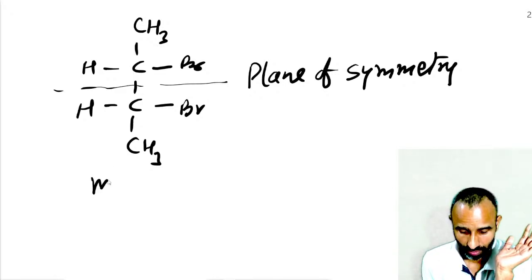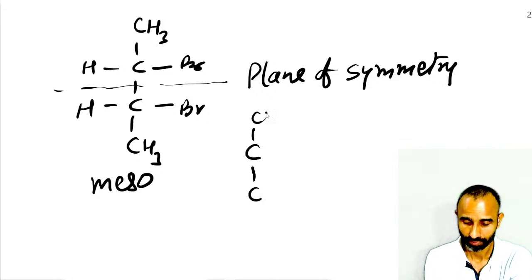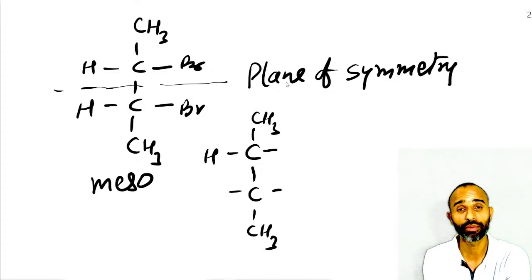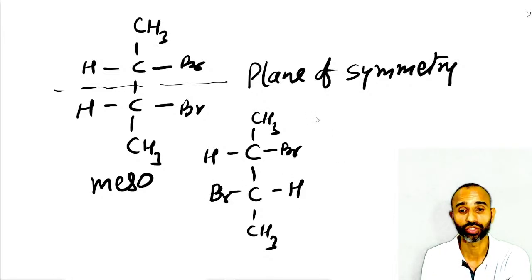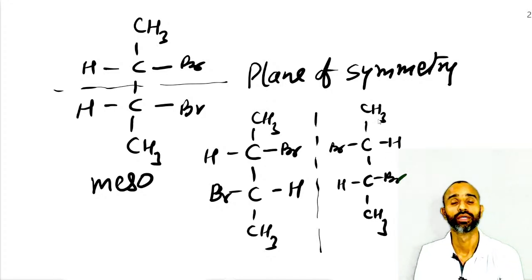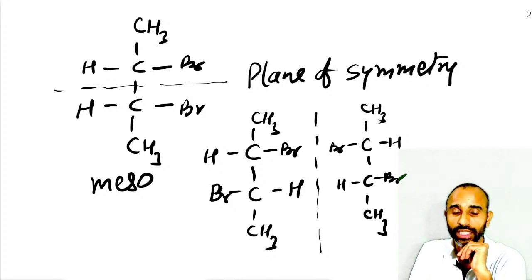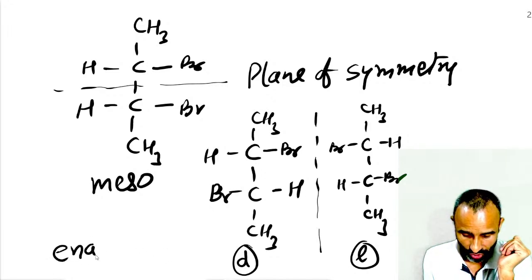So this is a meso compound, because its mirror image is superimposable. But if we have this structure and the mirror image is non-superimposable, it has three isomers. One is D, the other is L, and they are called enantiomers.